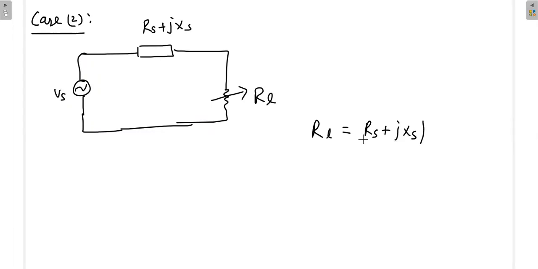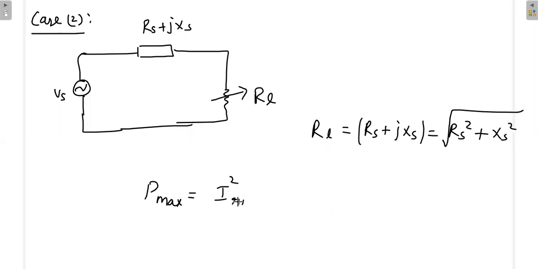When RL has this value, then the maximum power will be transferred to RL. And again here P maximum is equal to I square RMS into RL.